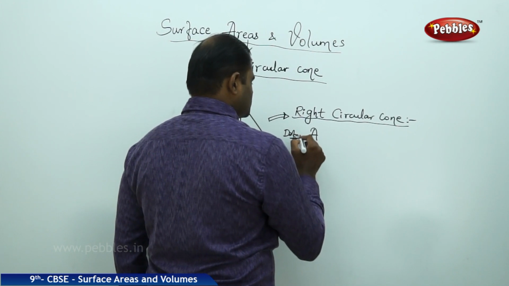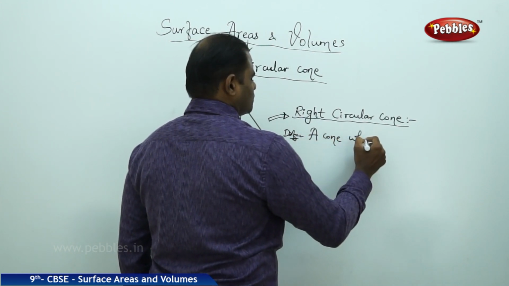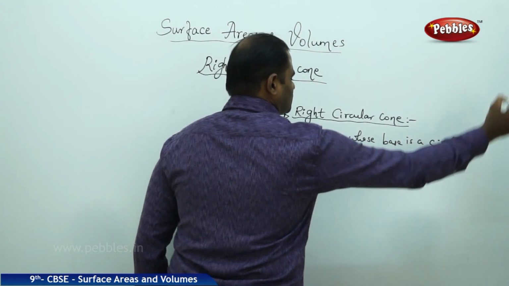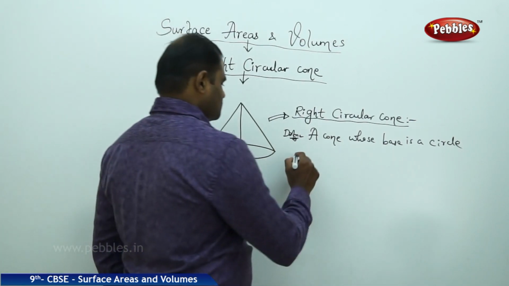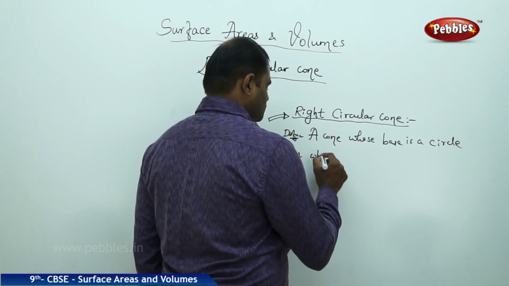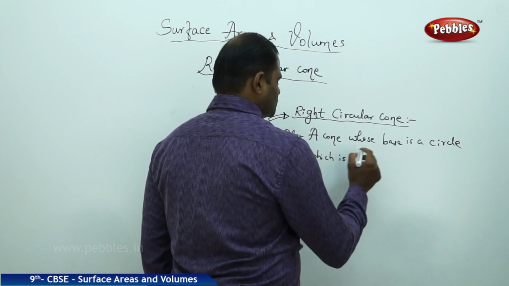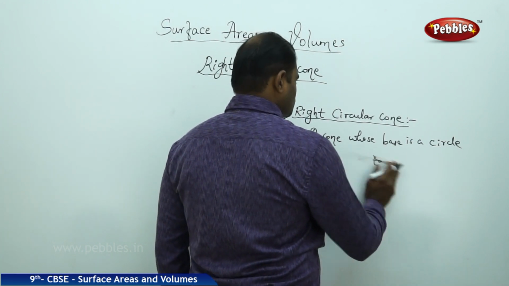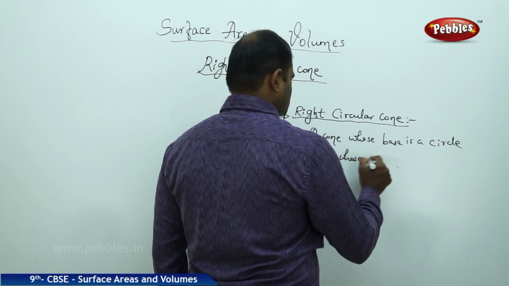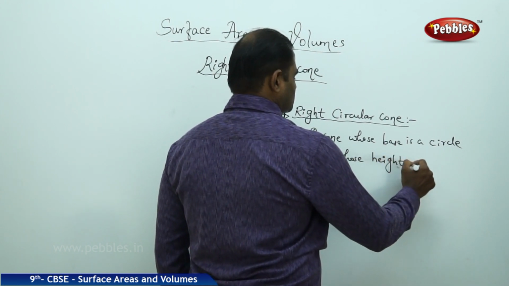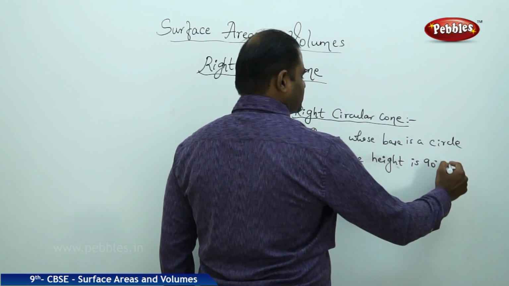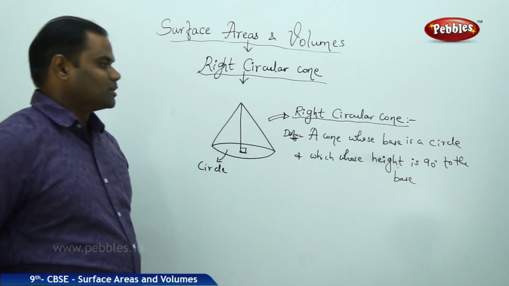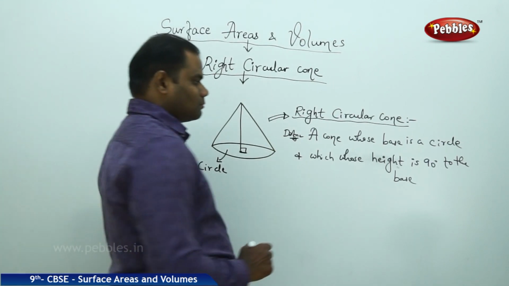The definition says a cone whose base is a circle and whose height is 90 degrees to the base is called a right circular cone.